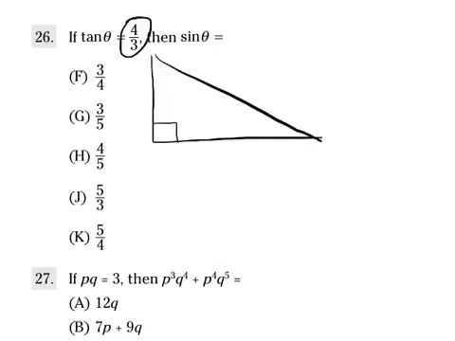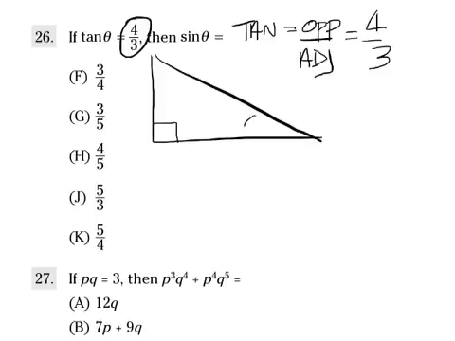Do you remember the proportion we use for tangent in terms of opposite, adjacent, hypotenuse? Opposite and adjacent. Yeah, so tangent is opposite over adjacent, and we know that in this case it's 4/3.